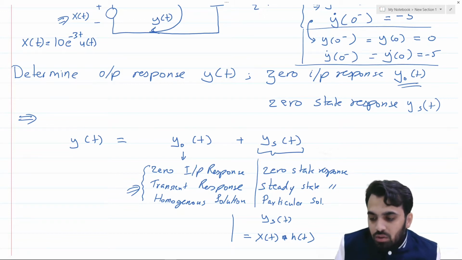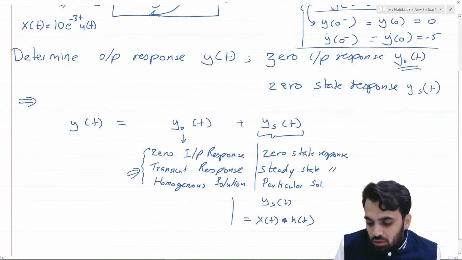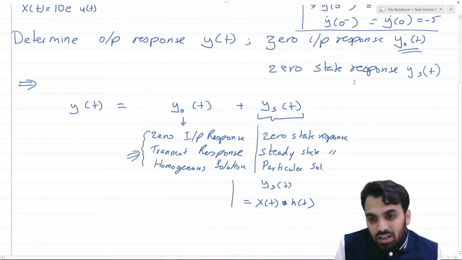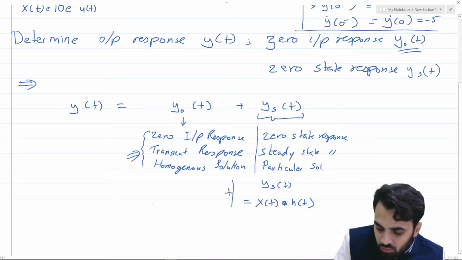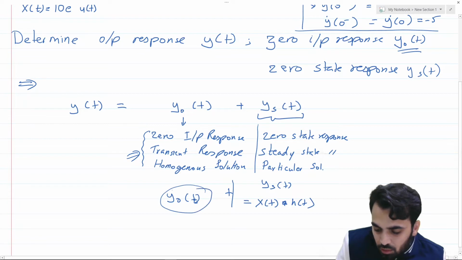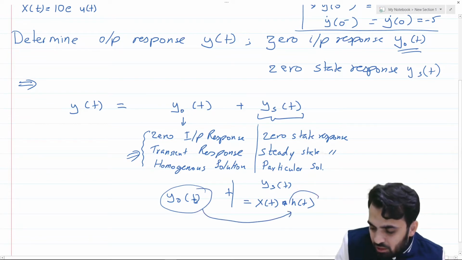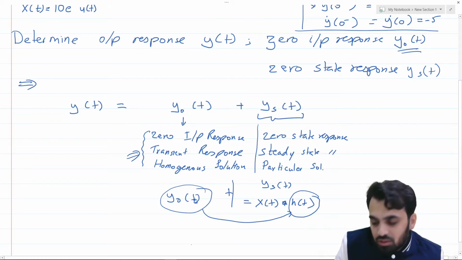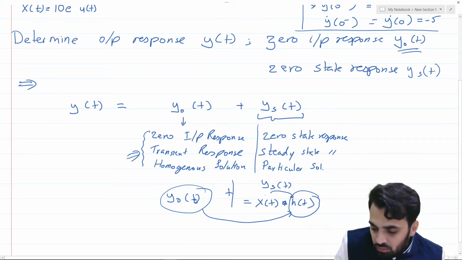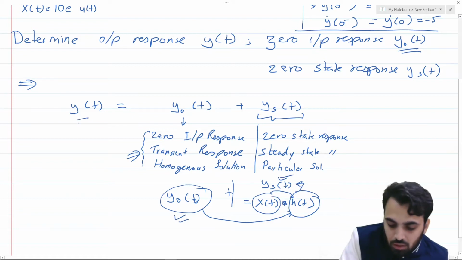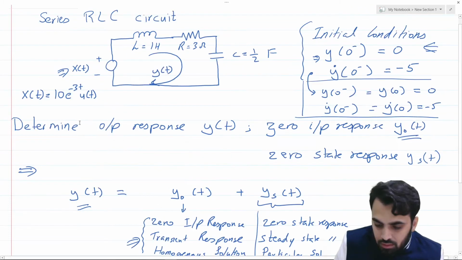But since now we have these initial conditions, the zero state response would be added with the zero input response y0(t). So let us find y0(t), and then from here we would build an intuition of finding the impulse response h(t), which would then be convolved with x(t) to find the state response, and finally we'll add this with this to find the overall solution.